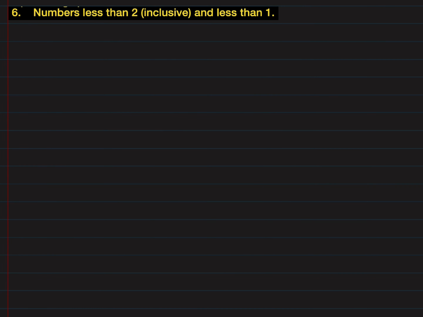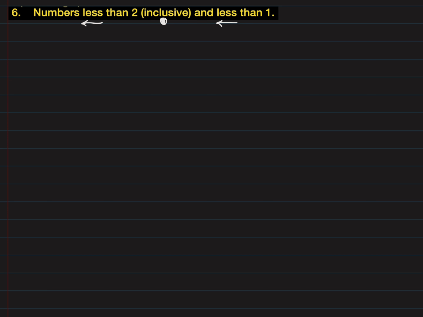So for this question, we have numbers that are less than 2, so left hand side, and 2 is included, a circle that's shaded in. And we have numbers that are less than 1, and it doesn't say if 1 is included or excluded.